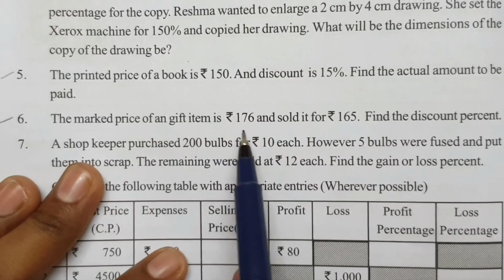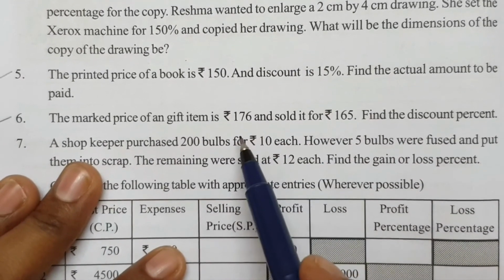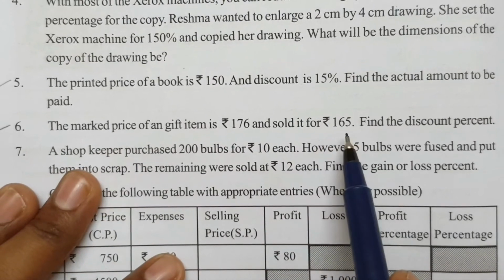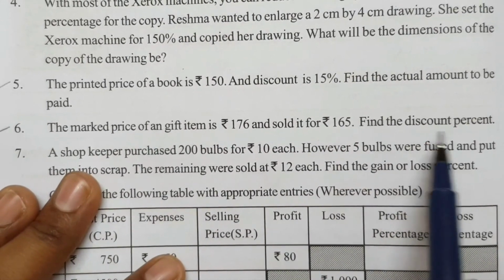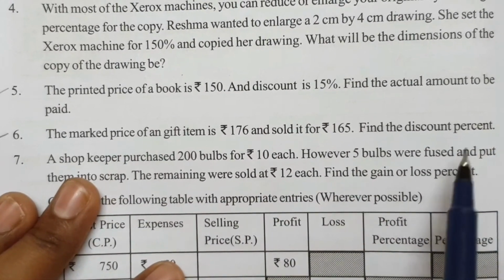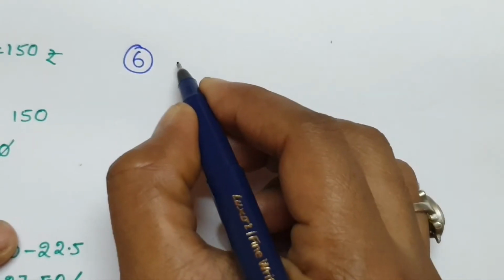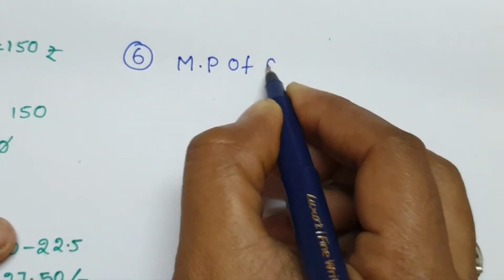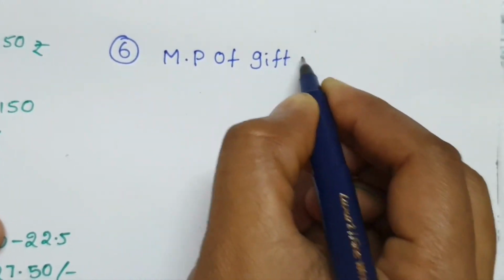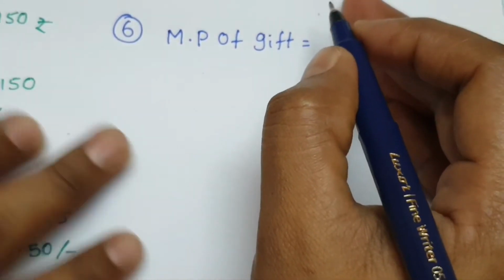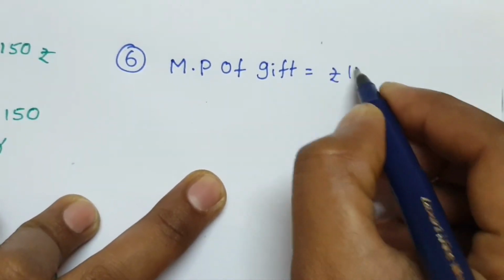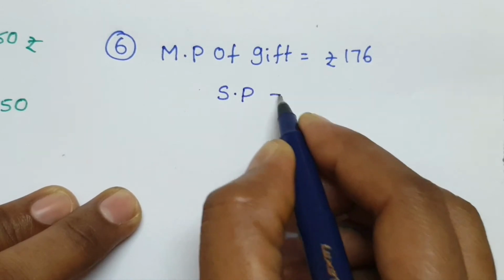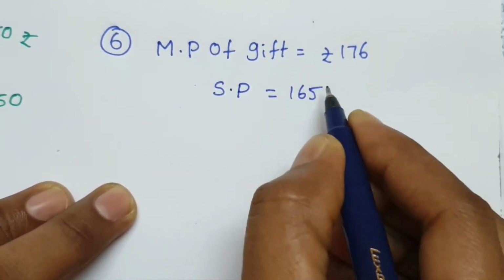Sixth question. The marked price, MP, of a gift item equals 176 rupees and the selling price, SP, equals 165 rupees. Find the discount percent. See this answer. The marked price of the gift is 176 rupees and the selling price is 165.